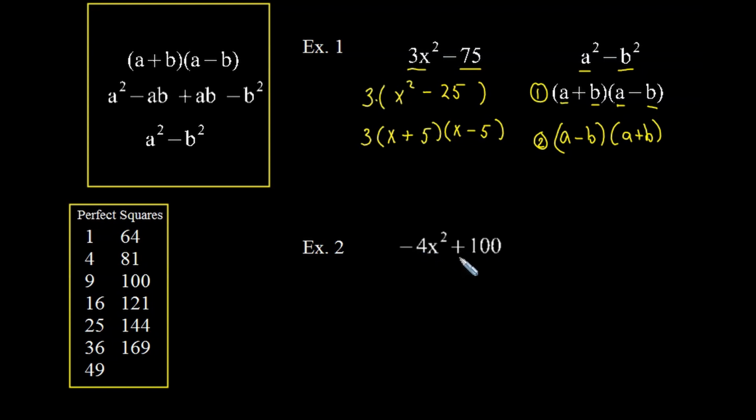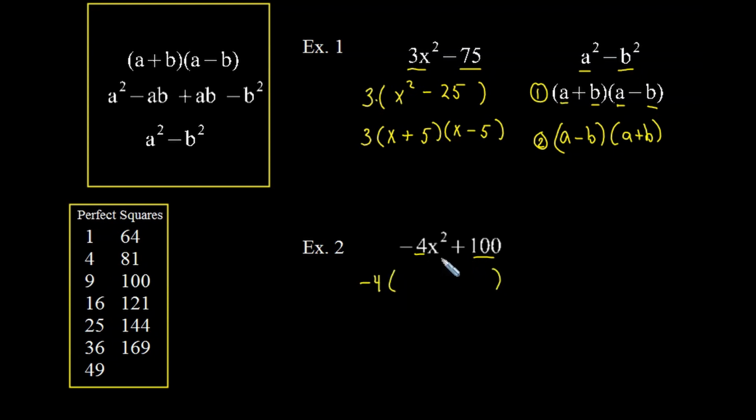We don't identify any other common factors. Actually, we can factor out the 4. So there is a 4 here, and the 100 is also divisible by 4. So we're going to factor that out and make that negative 4 out front.